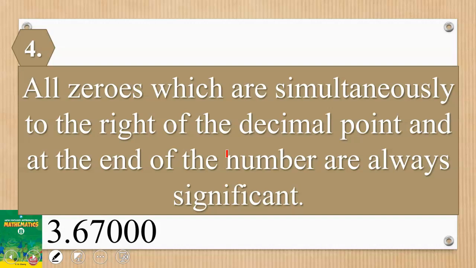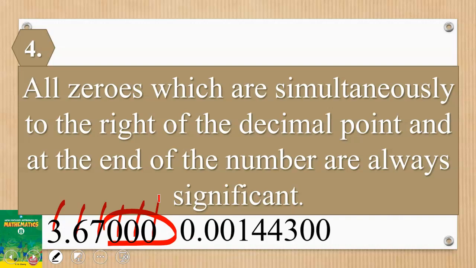If I have 3.67000, you see there's a decimal point and all these zeros are significant. And so here I have 1, 2, 3, 4, 5, 6 significant figures. Look at this number. Here these zeros are not significant, but rather we have 1, 2, 3, 4, 5, 6 significant figures here. Does it make sense? Good.